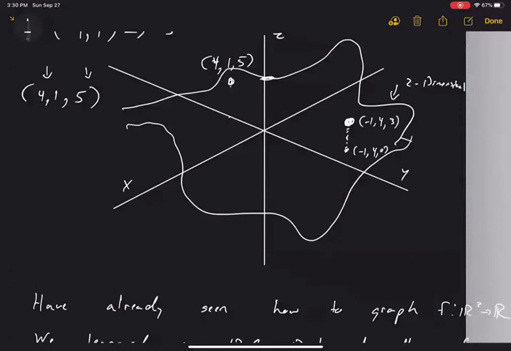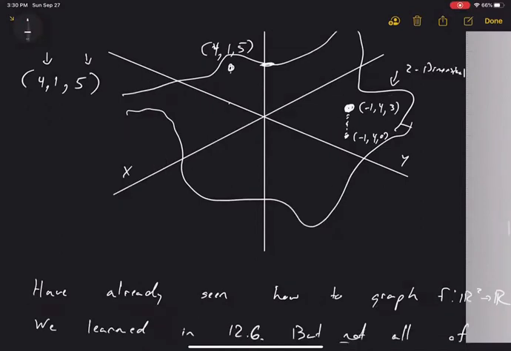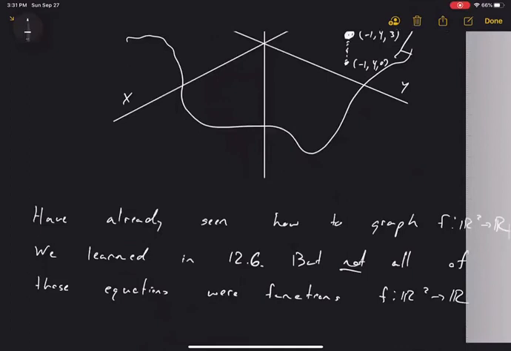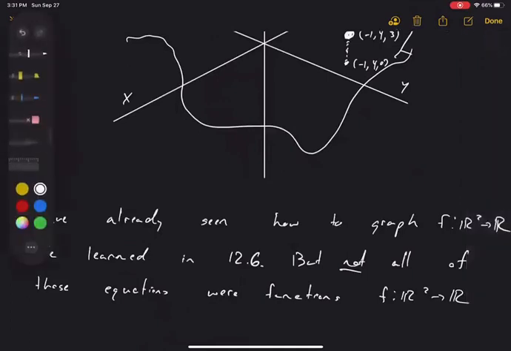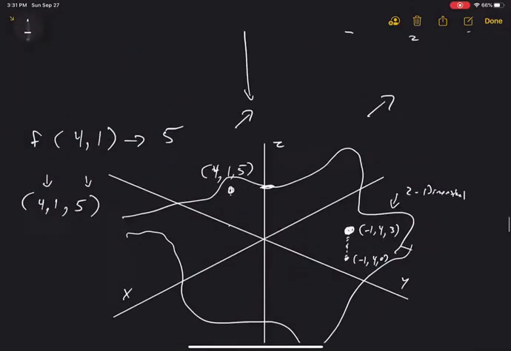That's like saying I'm pairing this XY point, -1, 4, up to that Z value 3. You put it all together in the graph and you get -1, 4, 3. So that's one way to think about these graphs.